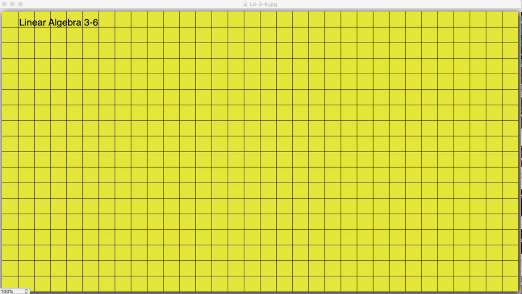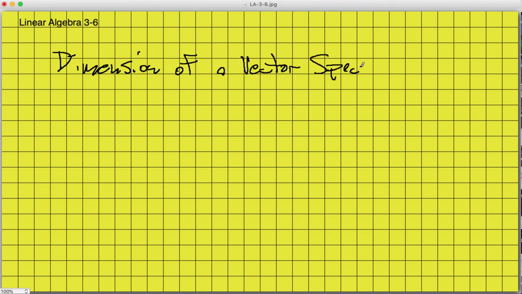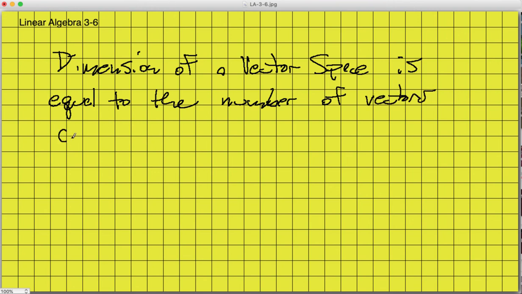Recall again that the dimension of a vector space is equal to the number of vectors contained in the basis.